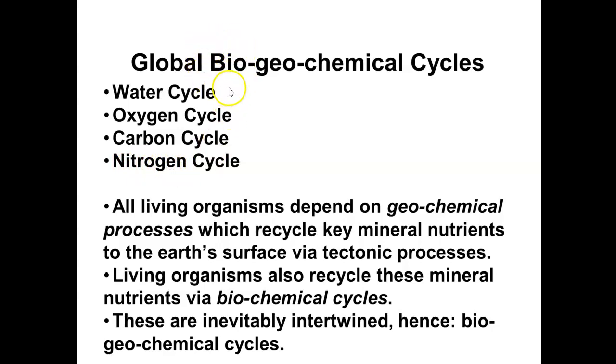So on a grand and measurable planetary scale, living organisms affect geochemical cycles. And that's why we say biogeochemical cycles. We want to look at a few right here: the water cycle, oxygen, carbon, and nitrogen as exemplars of processes that move all the mineral nutrients of interest in biology.